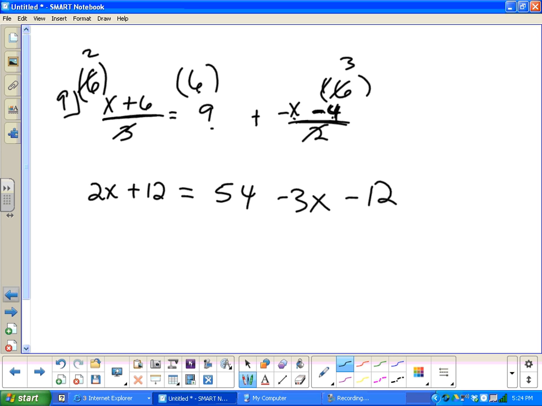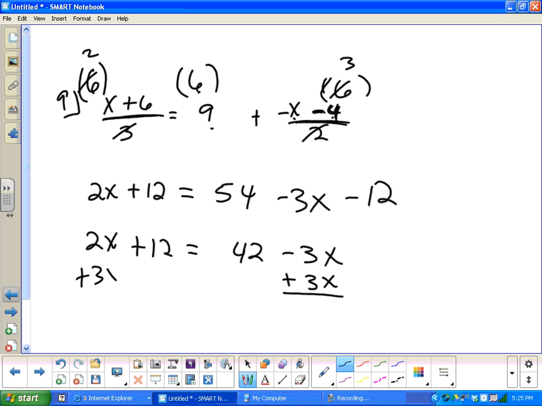And now I'm really left with an equation that's pretty solvable. I'm going to gather up my like terms. So let's see, 54 minus 12 would be 44. That's not right. That would be 42. Yeah, that's better.